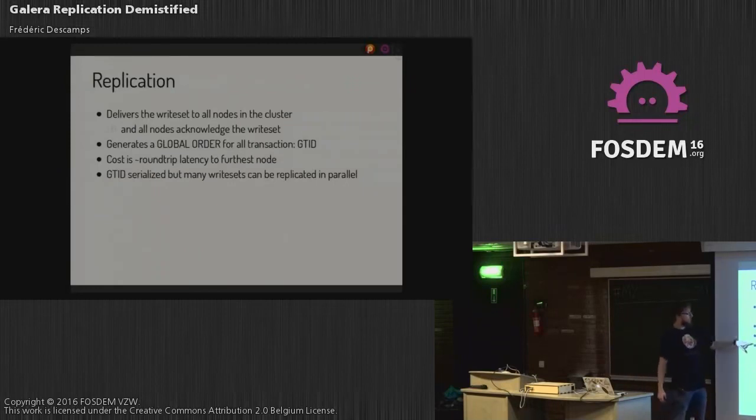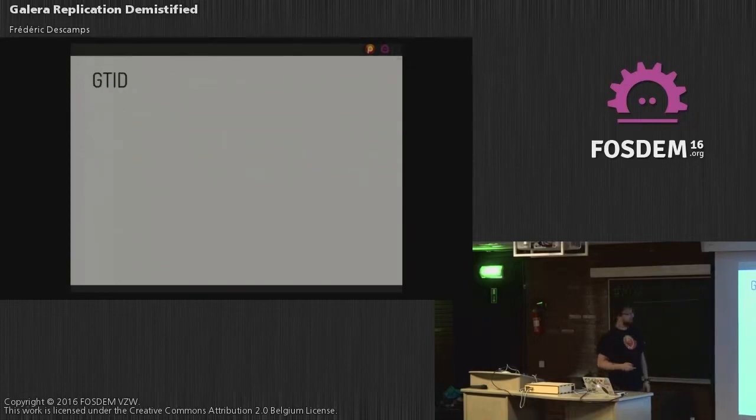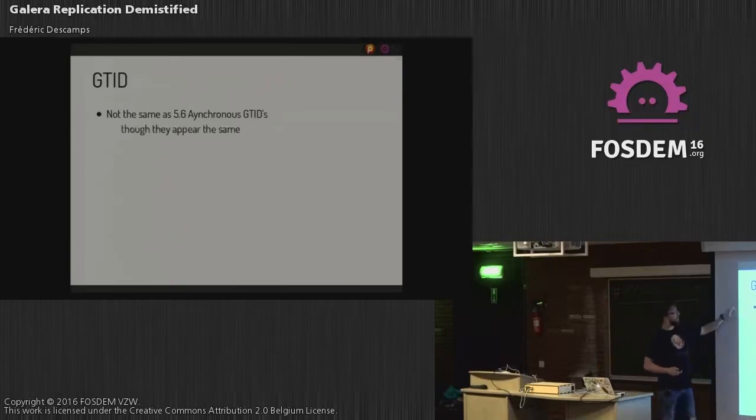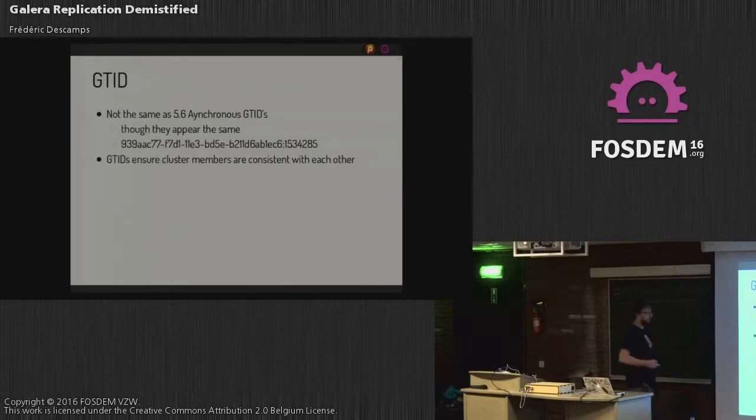So the GTID is serialized, but you can anyway write and replicate in parallel, because they communicate. So let's talk about these GTIDs. They are not the same as 5.6 asynchronous GTIDs, but they look the same. So this is one GTID. Nothing special about it.